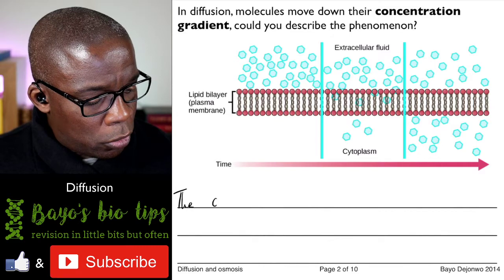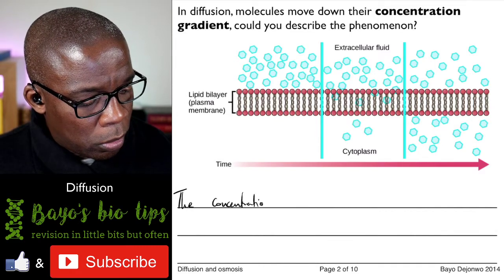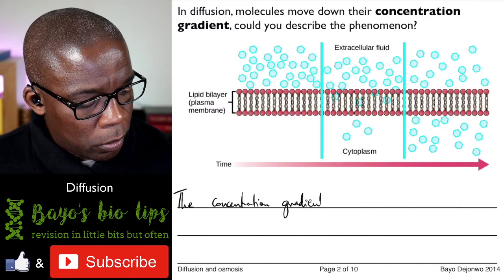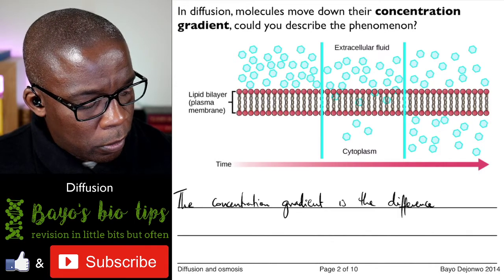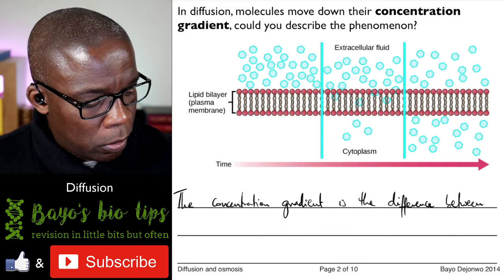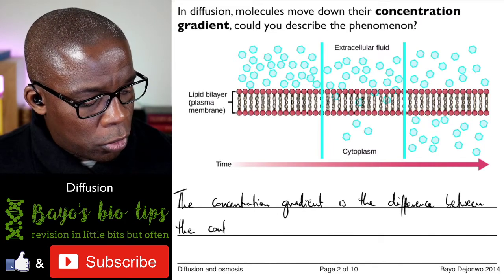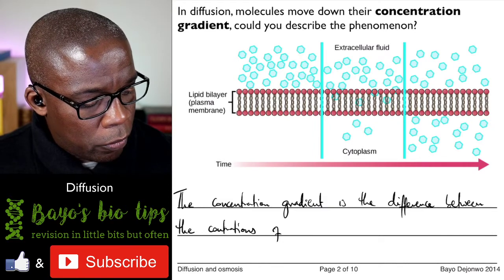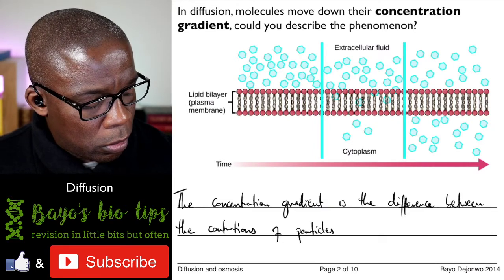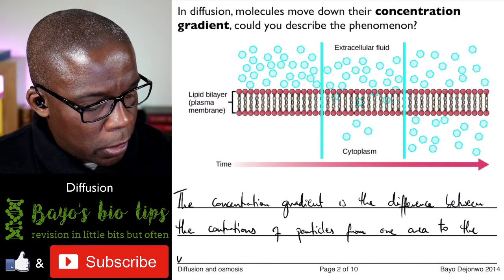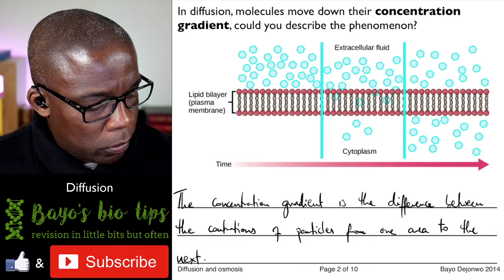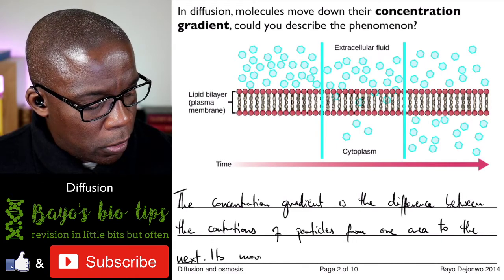So the concentration gradient is the difference between the concentrations of particles from one area to the next. It's moving down the gradient.